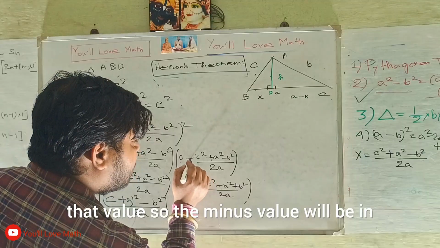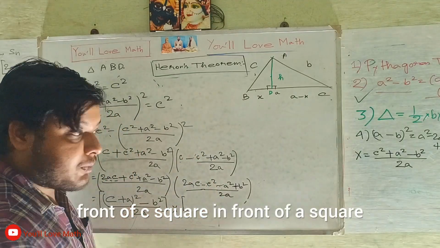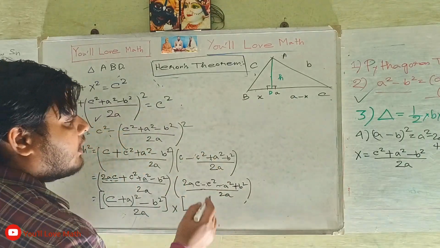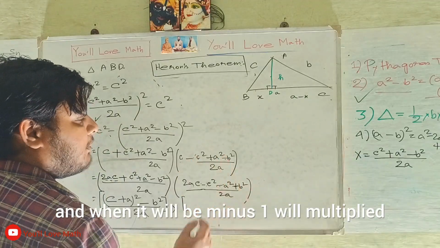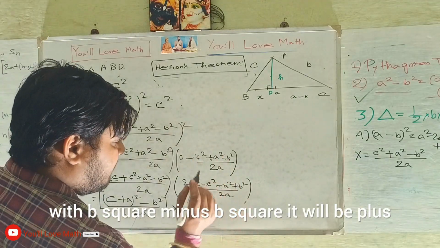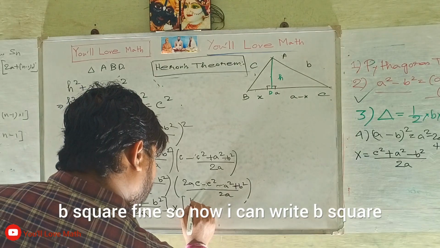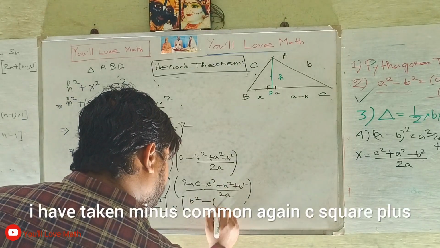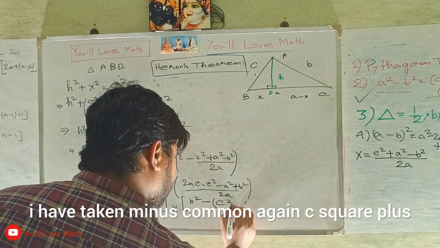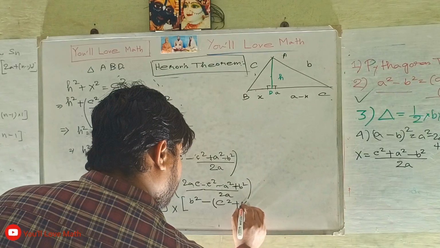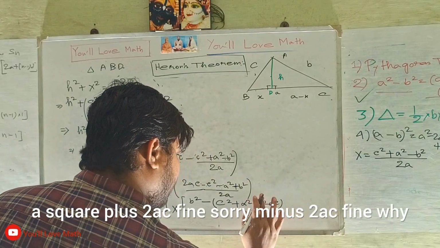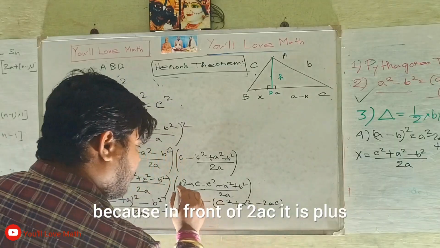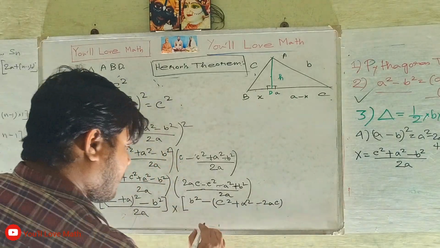So the minus will be in front of C square and A square, and when minus 1 is multiplied with minus B square, it will be plus B square. Fine. So now I can write B square, taking minus common again, C square plus A square plus 2AC. Sorry, minus 2AC. Fine. Why? Because in front of 2AC it is plus.